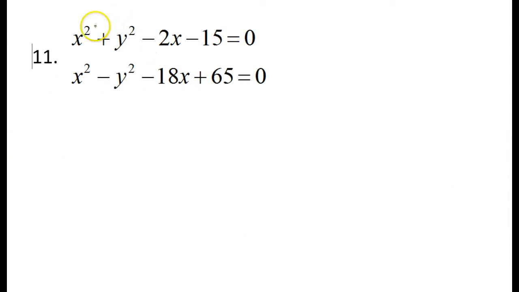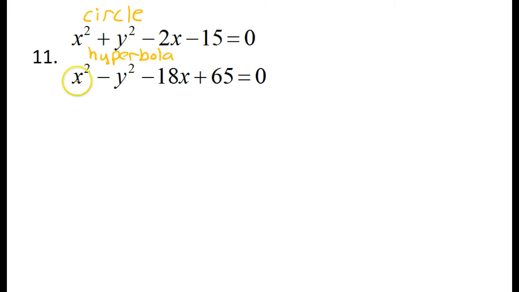In problem number 11, the first equation is a circle. I can tell because the x squared and y squared both have the same coefficient, 1 and 1. The second equation is a hyperbola.